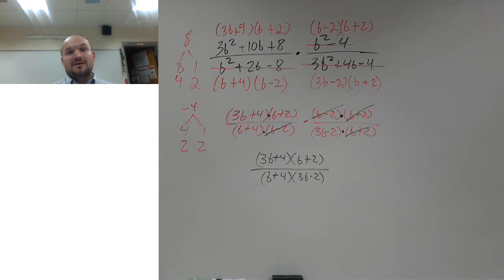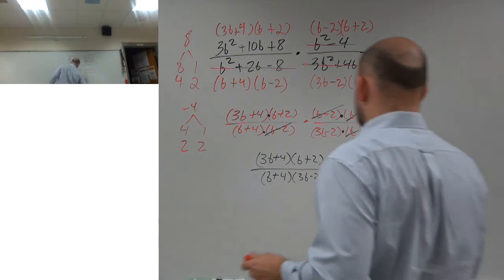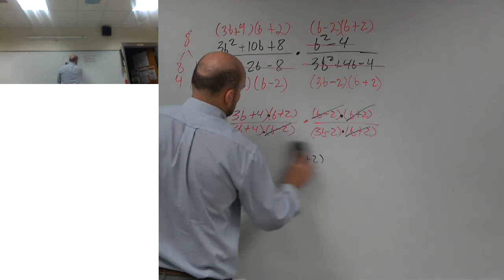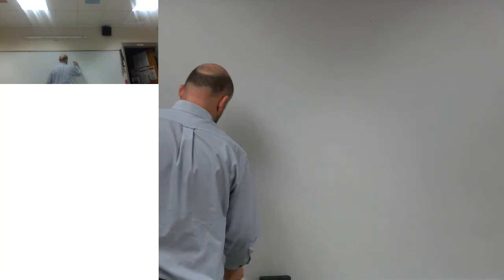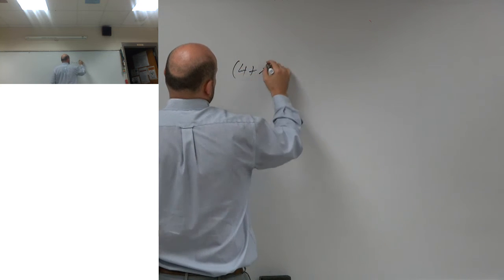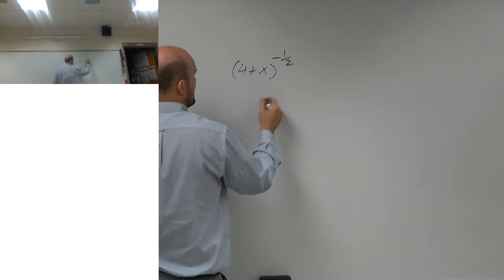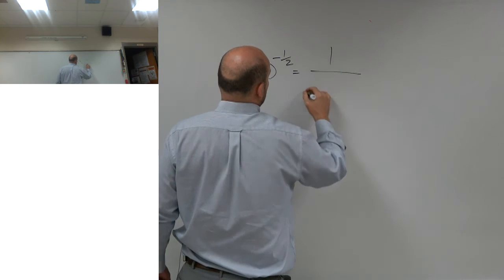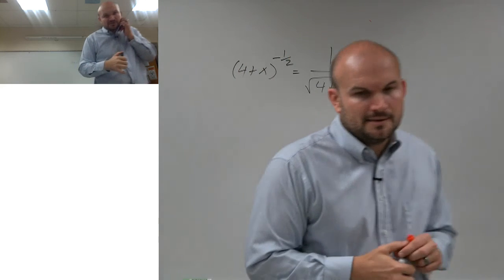What I can definitely tell you is just remember that that's the 4 plus x. Just remember when that's being raised to the negative 1/2 power, we can rewrite that as 1 over the square root of 4 plus x.